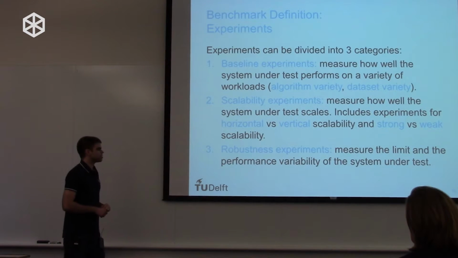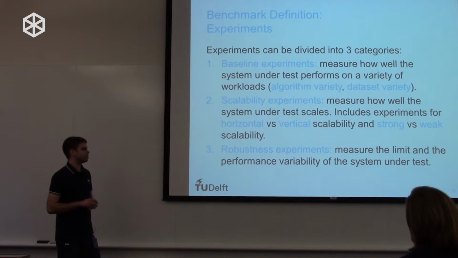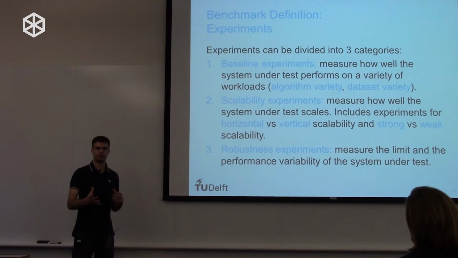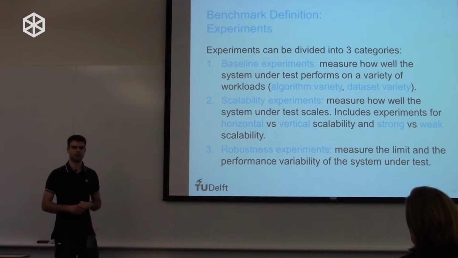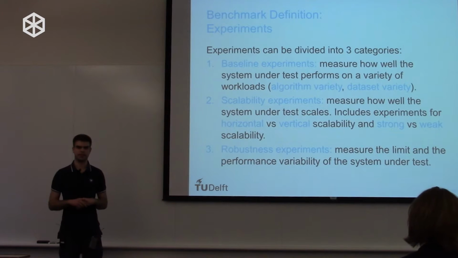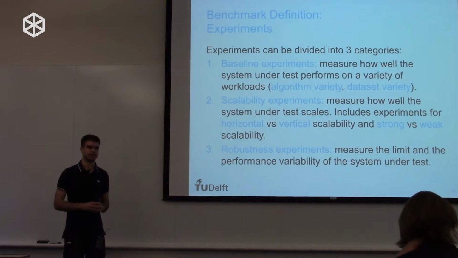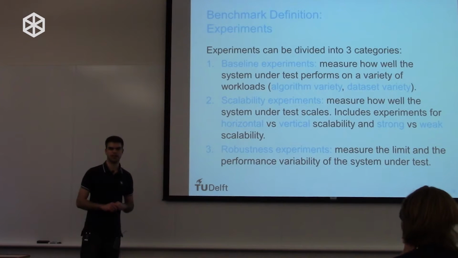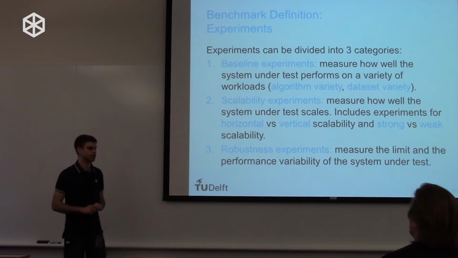So what we look at is, one, the limit of the system, so what is the smallest graph for which a particular algorithm is unable to complete. And on the other hand, we look at the performance variability, which is simply repeating one particular algorithm and data set and seeing how constant the runtime is across these iterations.